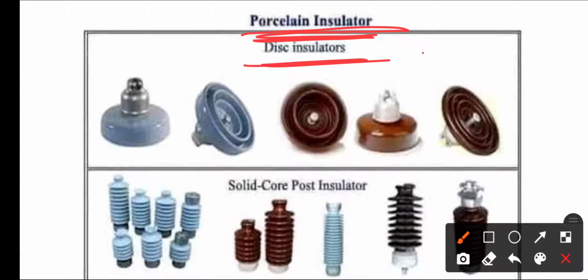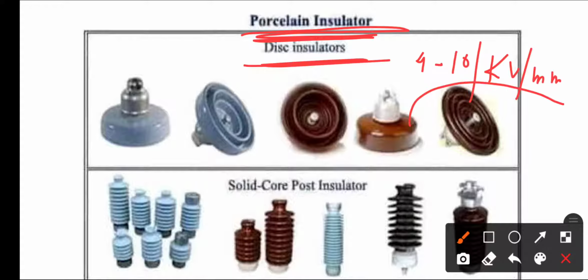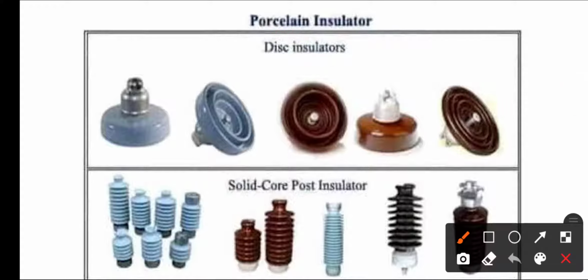Their dielectric strength is almost 4 to 10 kV per mm, meaning very good electric strength and very good mechanical strength, and they are rich in alumina. They are made up of 35% feldspar, 28% china clay, 10% ball clay, and 2% talc.